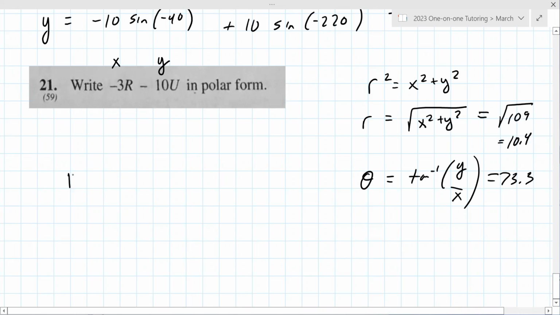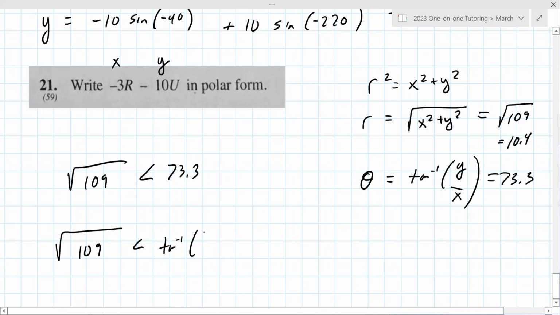So if you can write it as square root 109 angle 73.3, why couldn't you write it then as square root 109 angle arctan 10 over 3? Yeah, I don't know.